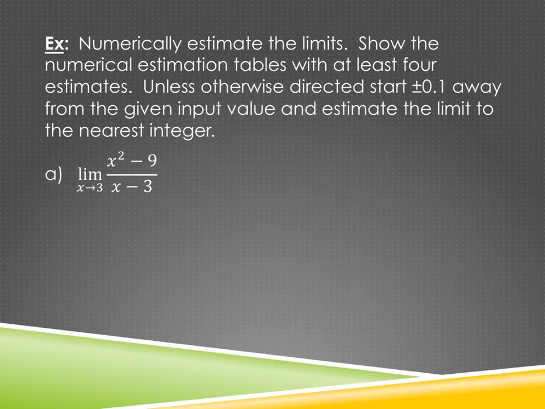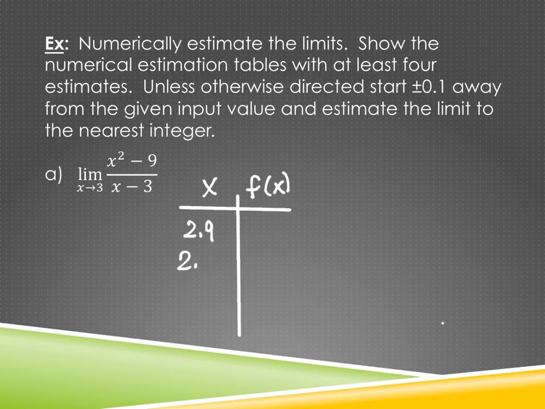And we're going to write this down. Our table will look exactly like that one that's showing up in your calculator screen right now. Have one column x, one column f of x. Our x values are 2.9, 2.99, and 2.999. One more.